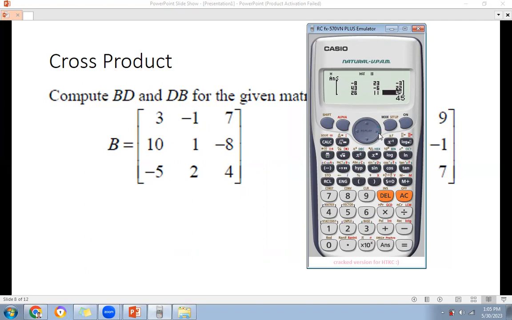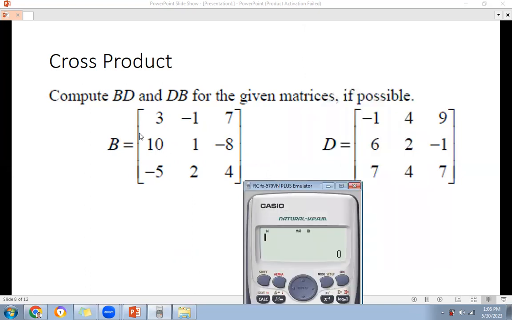So sometimes there are what we call dimension errors, which is about the number of rows.